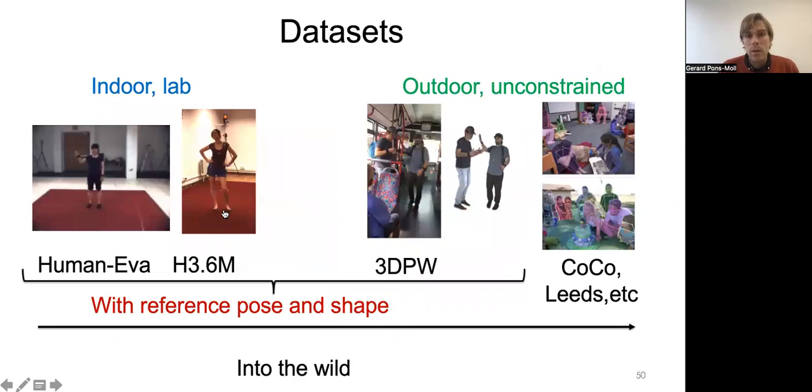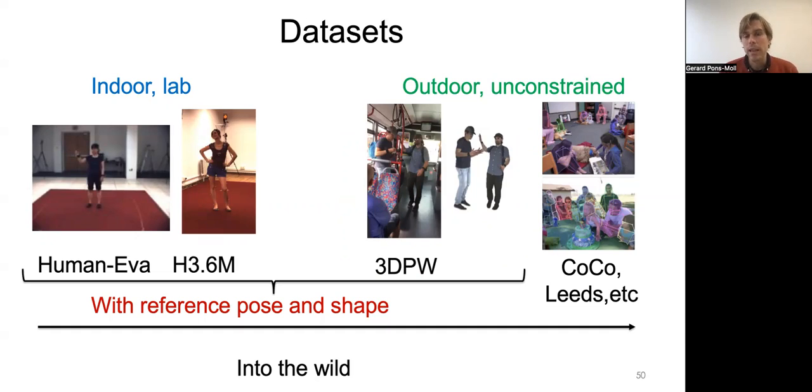Of course, when you're working on human pose and shape estimation, it's very important to evaluate your method not only qualitatively, but also quantitatively. And in terms of data sets, things have also changed. In the past, people were only evaluating their methods based on indoor scenarios, based on data sets like HumanEva or Human3.6M.